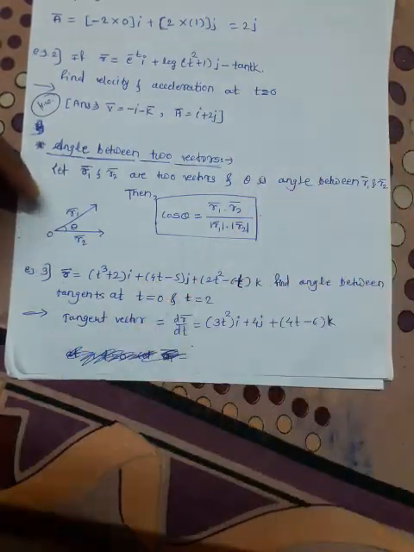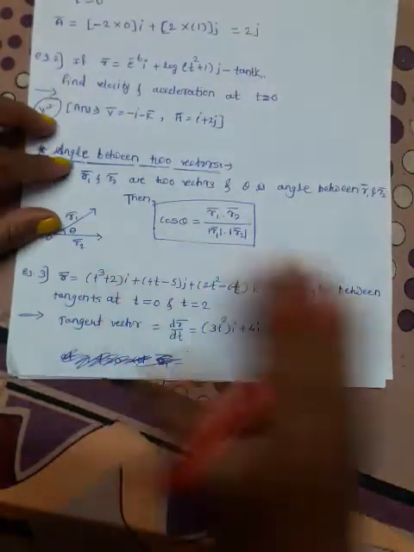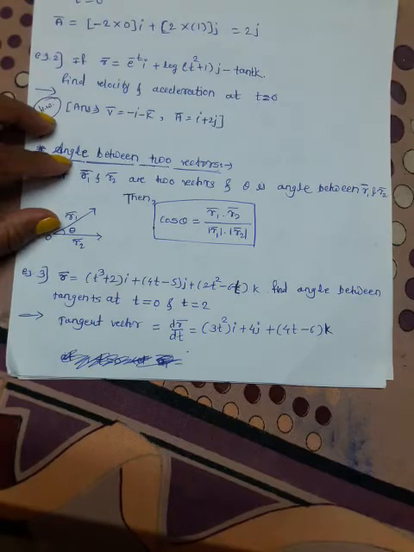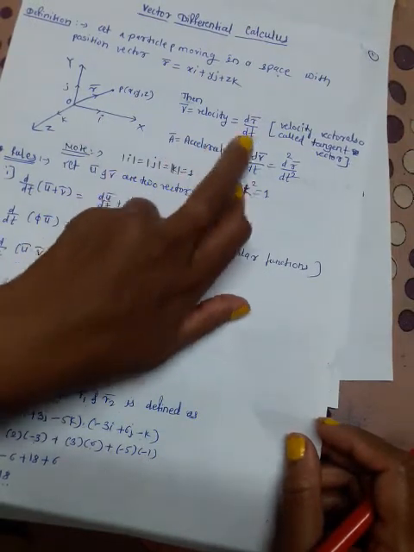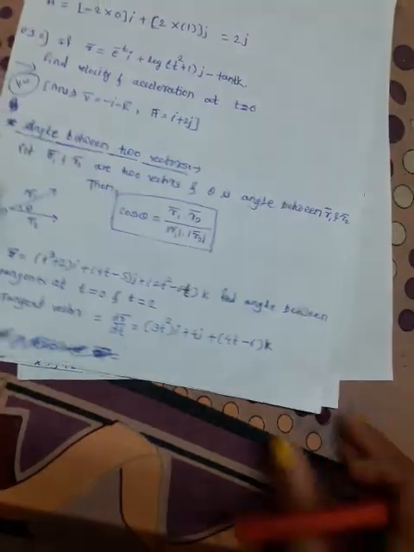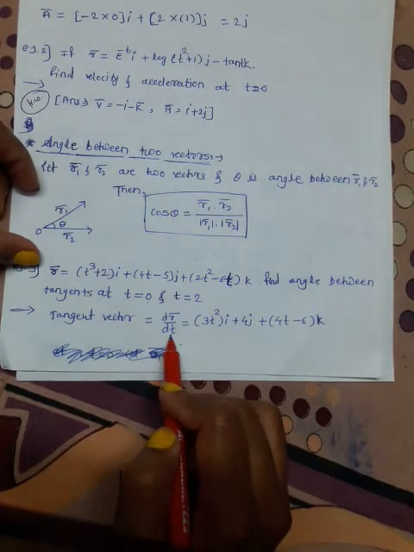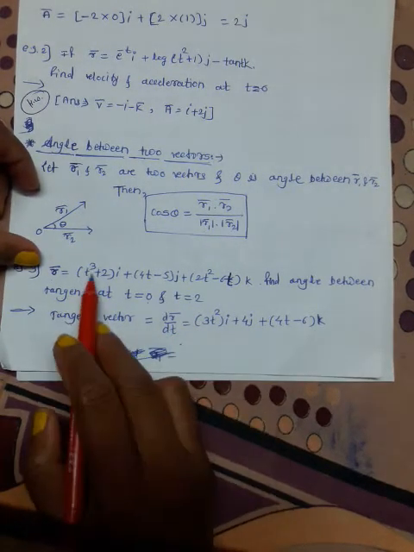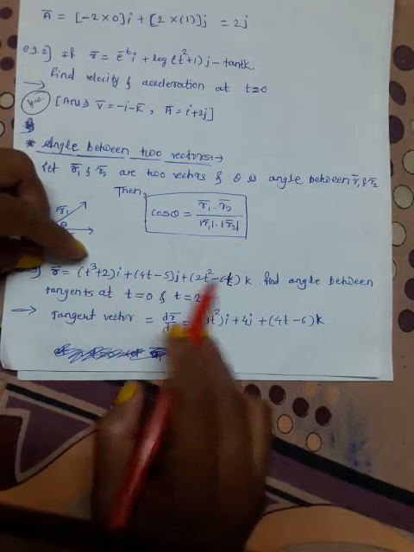Now, what do you mean by tangent? If r bar is a position vector, as we have already seen, then v bar, the velocity, is nothing but the tangent vector. Therefore we have to find the velocity vector first. In this example we call it the tangent vector. Tangent vector is nothing but dr by dt. Now we take the derivative with respect to t, where i, j, k are constants.